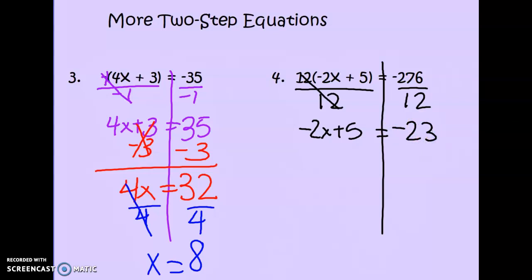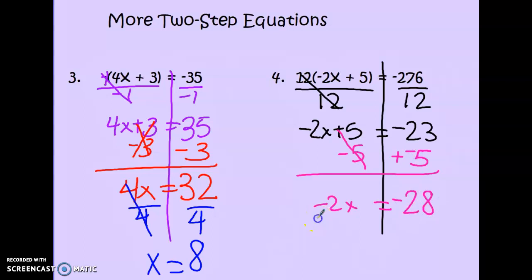Okay, then I'm going to subtract 5 from both sides. That leaves me -2x equals, now I have a -23 minus 5, which is the same as adding -5. So I'm adding 2 negative numbers together. So I get -28. Okay, now I've got to divide both sides by this -2. Okay, negative divided by negative is a positive. 28 divided by 2 is 14.